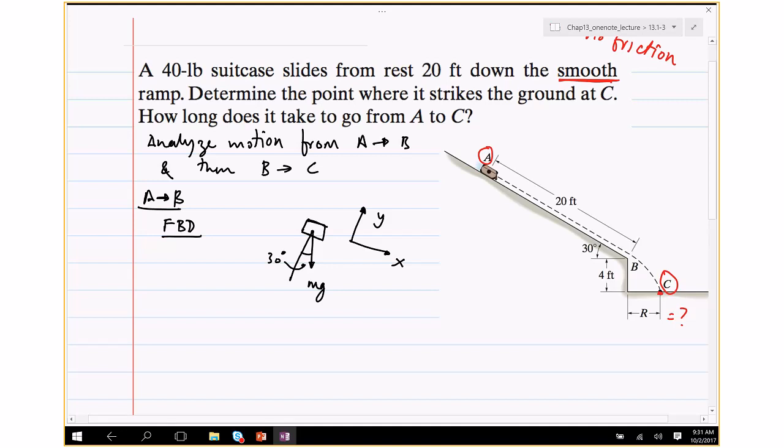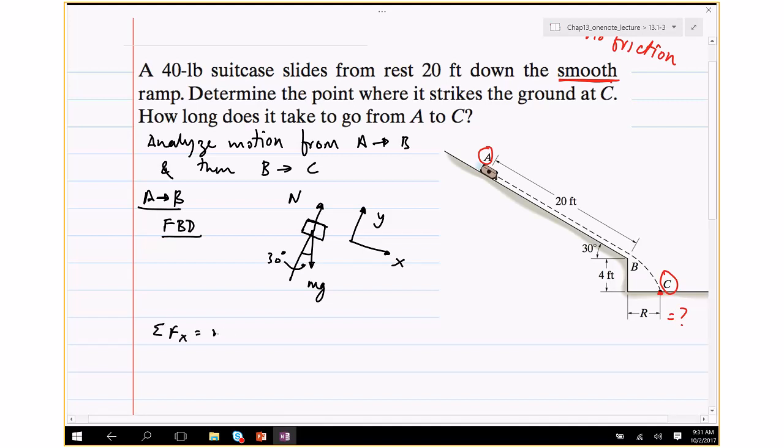And there should also be a normal force. The mass is held onto the inclined plane through its interaction, which shows up as a normal force.